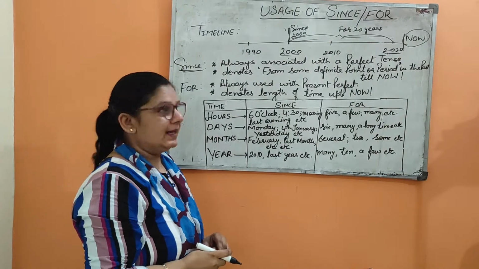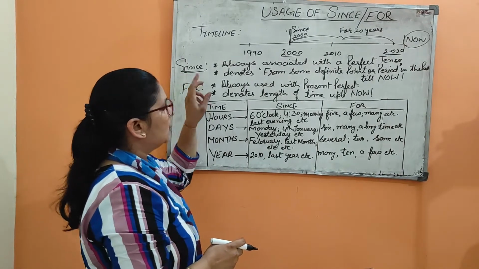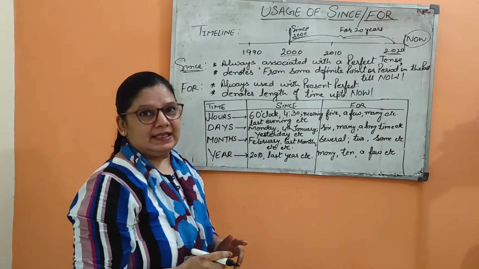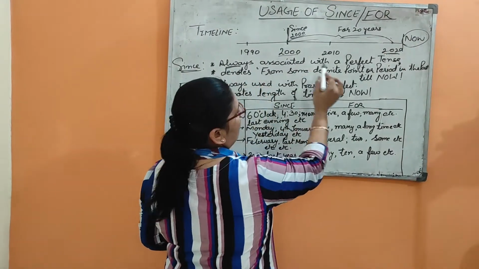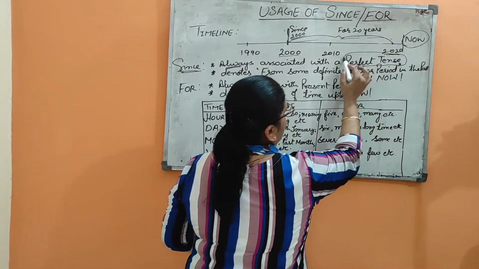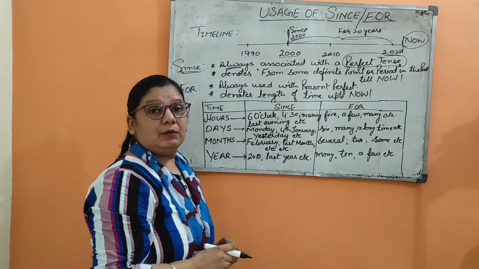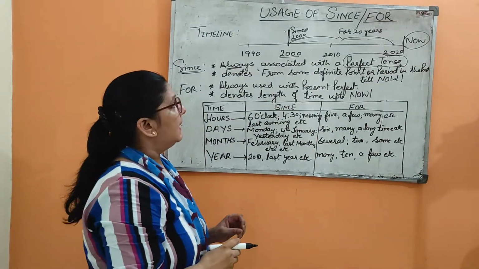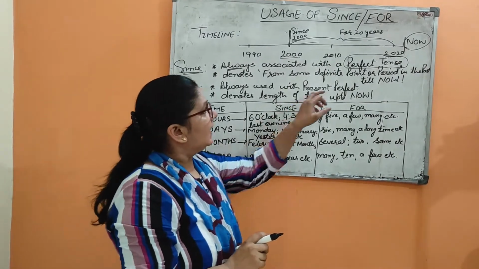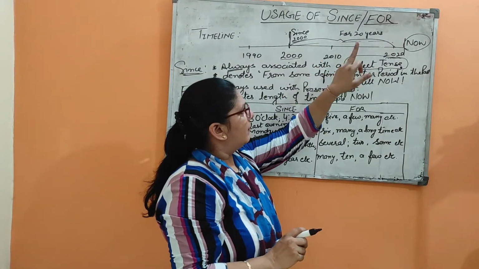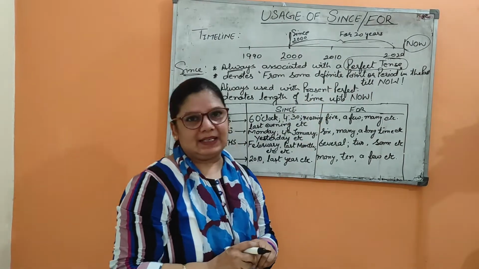Now we move ahead. While using since, two rules are to be kept in mind. First, always associate since with a perfect tense. What tenses are, I will be giving you in future videos, but this is only a concept, an idea, that whenever you use since or for, you have to use a perfect tense.